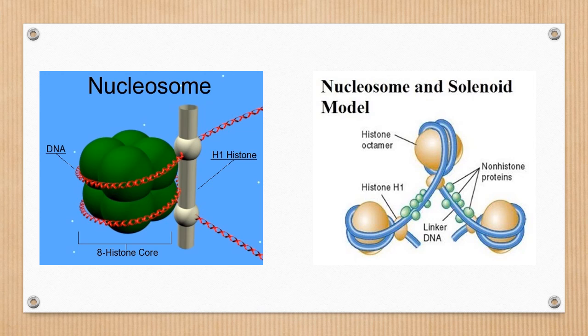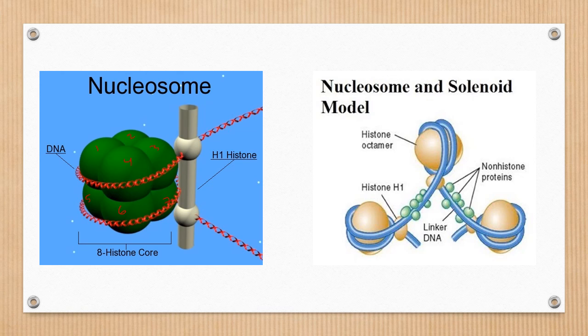Let's see the previous explanation in a diagrammatic representation. Here there are a total of 8 histone molecules: 1, 2, 3, 4, 5, 6, 7, and the 8th one is present behind that. Here we mention 2, and below that there is one more, that is the 8th.